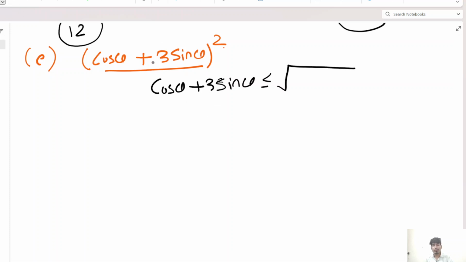What is the value? A is 1 and b is 3. Then 1 square plus 3 square, and greater than or equal to minus under the root of 1 square plus 3 square. Okay, this is 4 and this is minus 4.